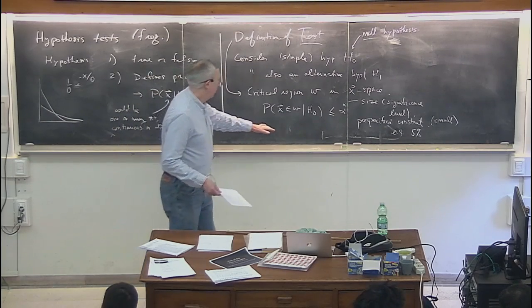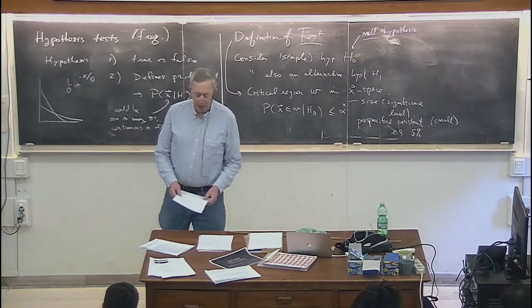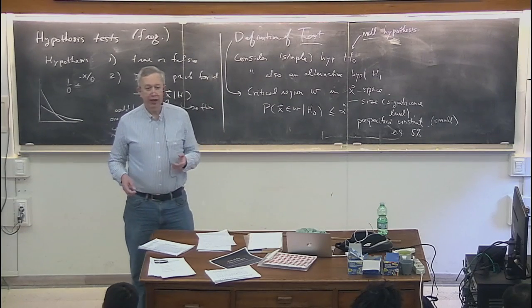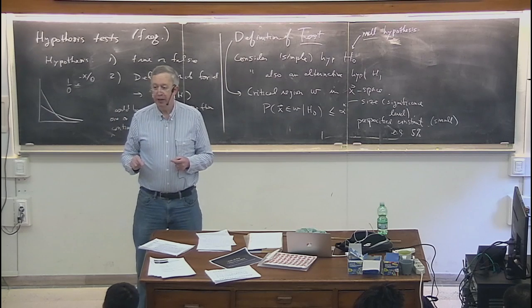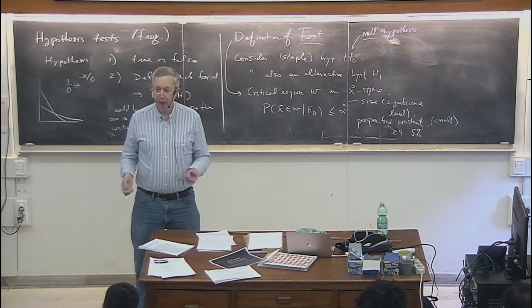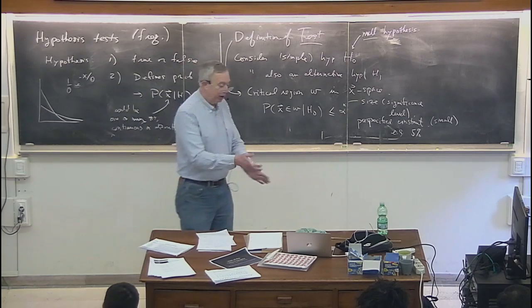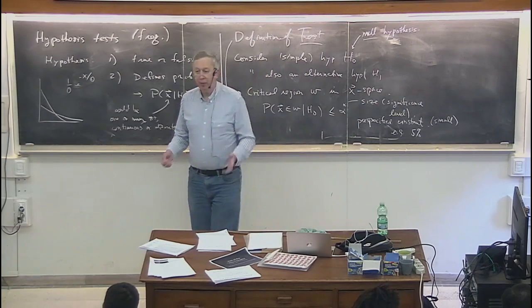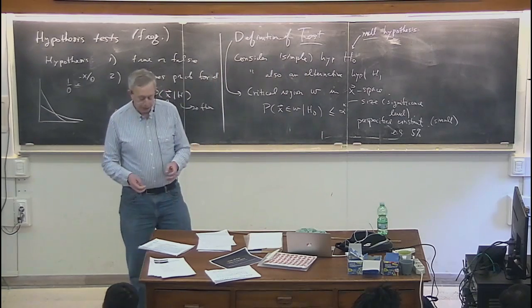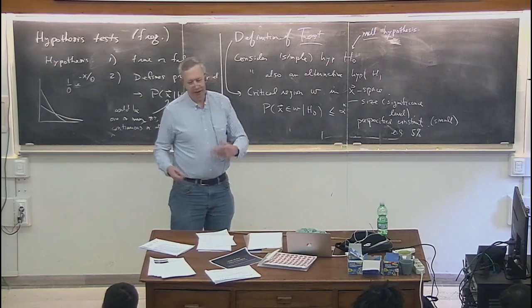So sorry, before I go on to the main idea, I want to comment on this less than or equal to. I would actually prefer, in defining a test, to have an equal sign there, not a less than or equal sign. But if my data space has discrete values, like say it contains a number of events, then there might not be any particular subset of the data space whose summed probability is exactly equal to the pre-specified alpha, say 5%.